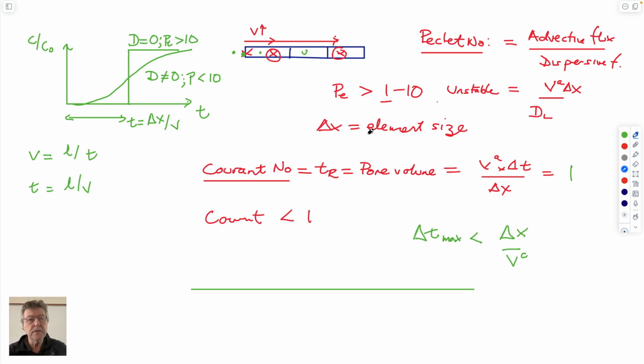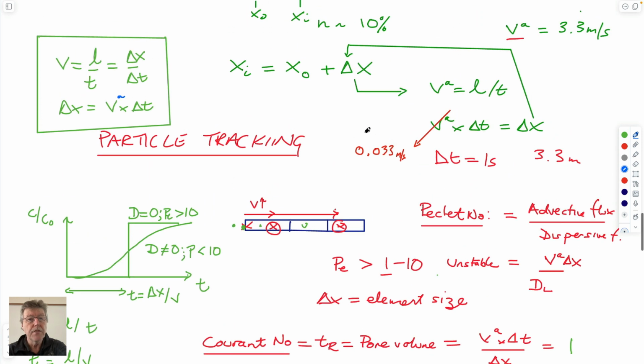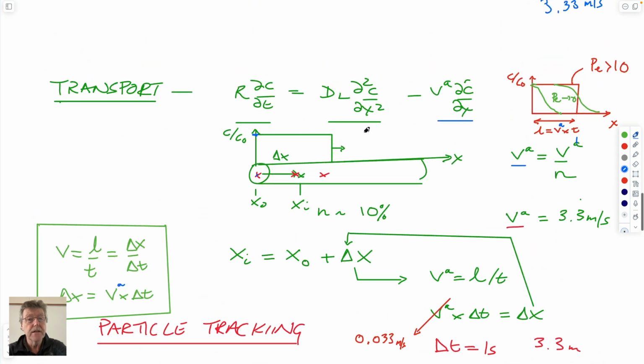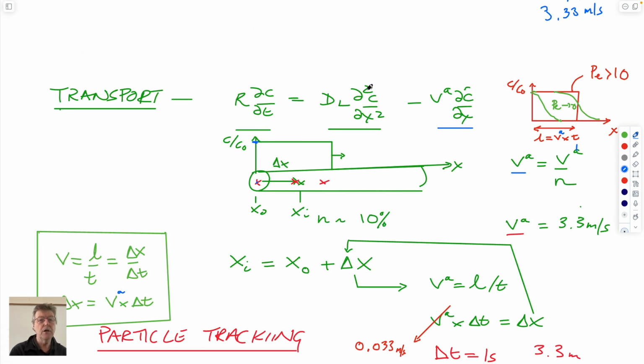If you use methods like this, they work, but this is a very hard equation to solve for Peclet numbers which are greater than about 10. We said before that numbers bigger than 10 would give us a very sharp front.